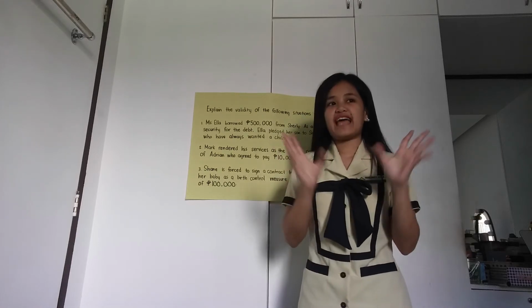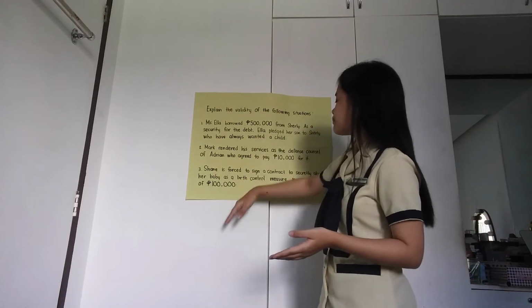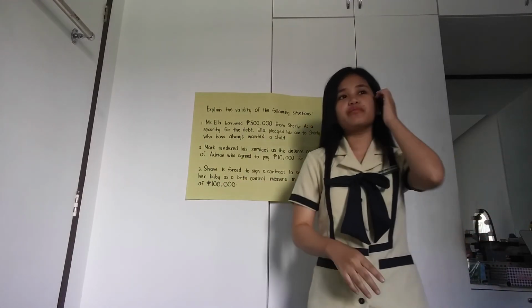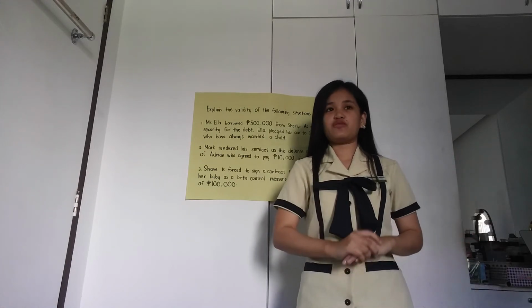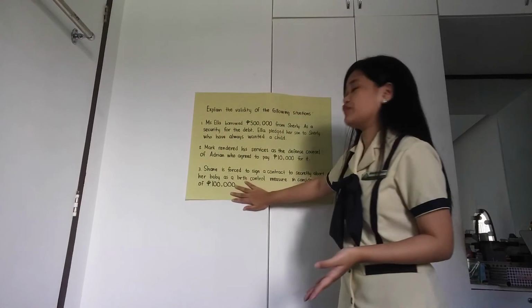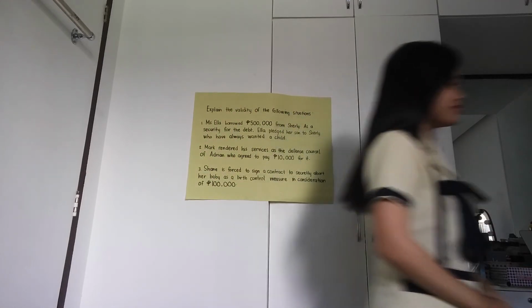You can put your answer on one whole sheet of yellow pad paper. You don't have to copy all of this. Your answers should only be 3 sentences to 5 sentences maximum. Is everything clear with those directions? If everything's clear, then you can now start answering our activity.